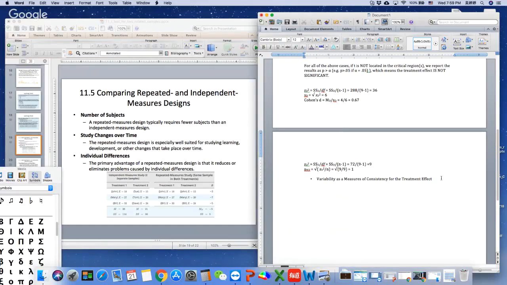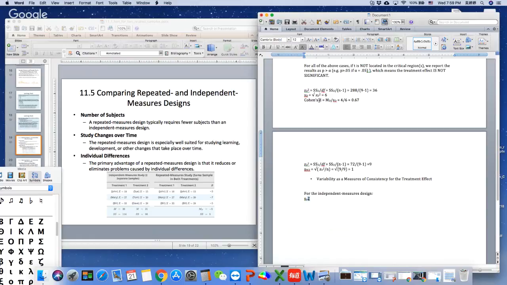For example, for the independent measures design, we can compute the pooled variance, right?